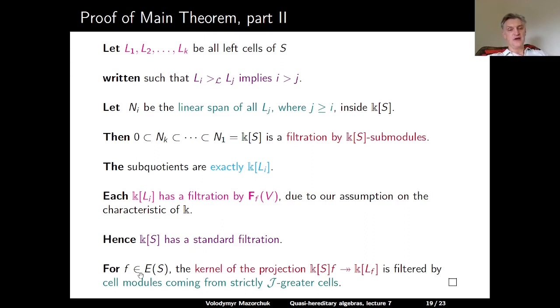And of course, if f is an idempotent in S, then the kernel of the projection of the corresponding projective module KS times f onto the cell module K L_f is filtered by cell modules coming from strictly two-sided greater cells. That's because, as we mentioned, left cells inside the same J cell are not left comparable. And this completes the proof of the main theorem.